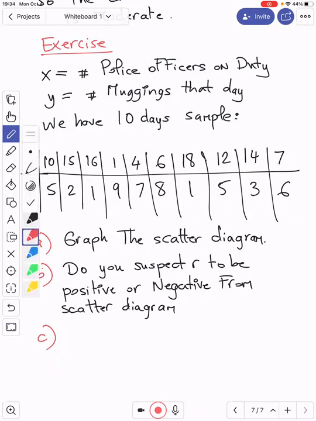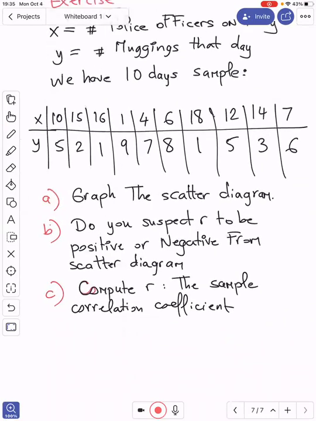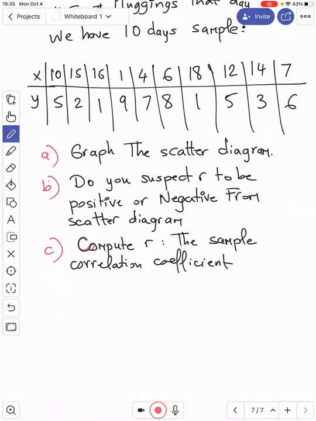So compute R, the sample correlation coefficient.